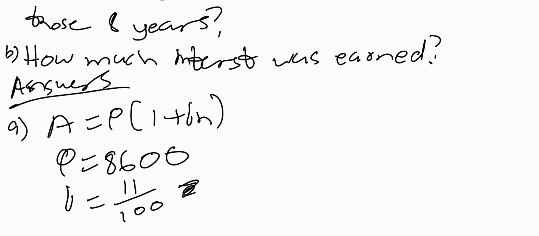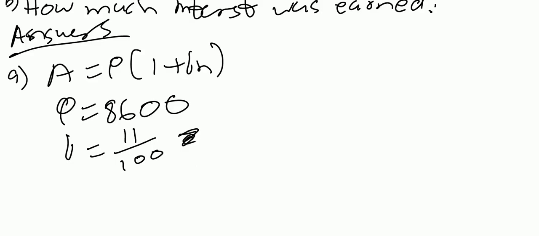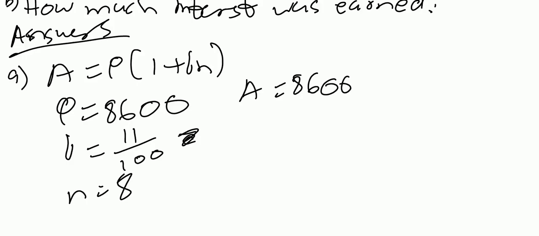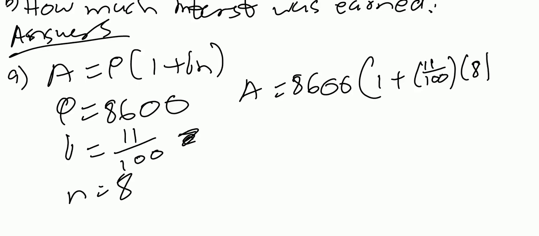Then you have the number of years, which is your N, which is 8 years. So you substitute: A will be 8,600 multiplied by 1 plus 11 over 100 into 8 years. Then you are going to get the value of your investment after 8 years.